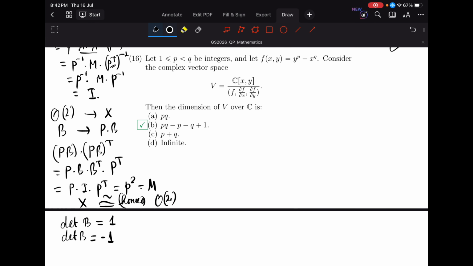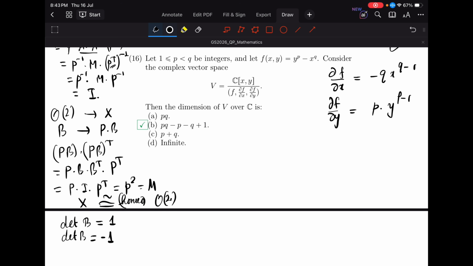So let 1 less than or equal to p, strictly less than q, be integers, and f of x comma y equal to y to the power p minus x to the power q. Consider the vector space. Let us quickly compute del f del x, which is minus q x to the power q minus 1, and del f del y is p y to the power p minus 1.